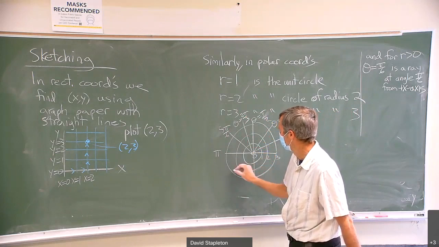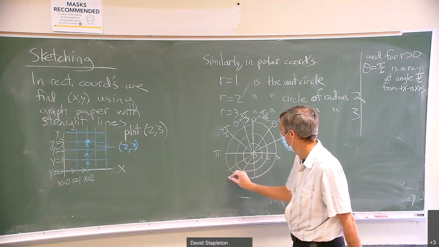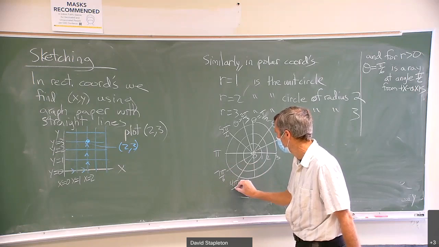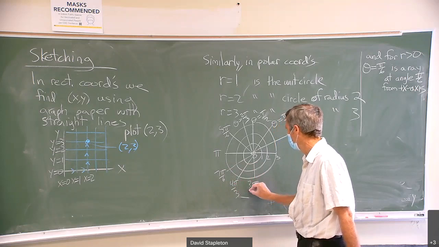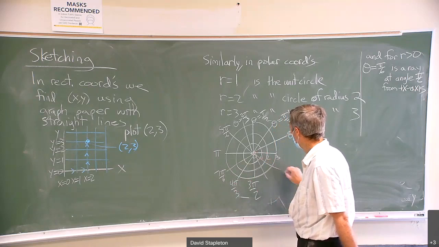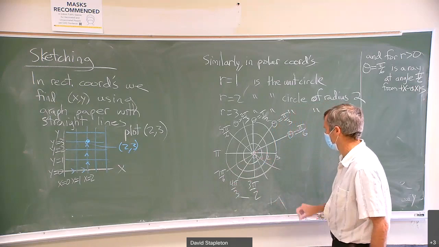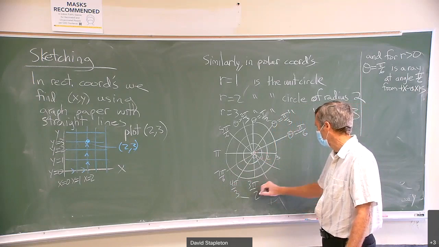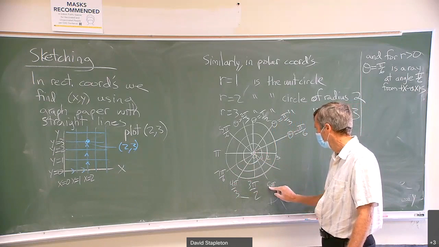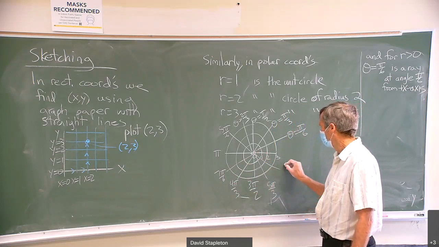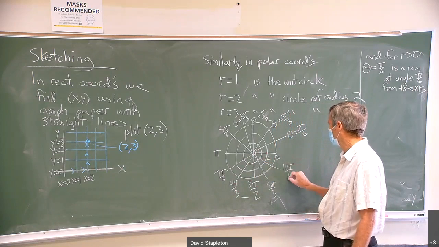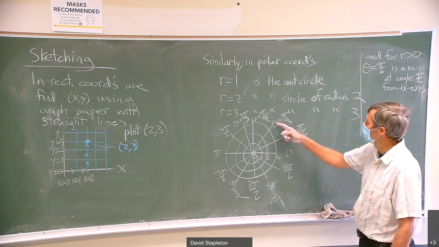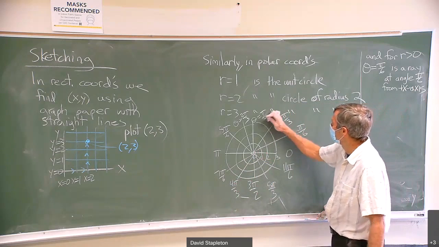Here's pi. 7 pi over 6. 4 pi over 3. 3 pi over 2. Some polar graph paper will label more angles than these, but 5 pi over 3, excuse me, and 11 pi over 6, and theta equals 0. So there's what you can do. You can label the rays with the corresponding theta. We can now erase theta.